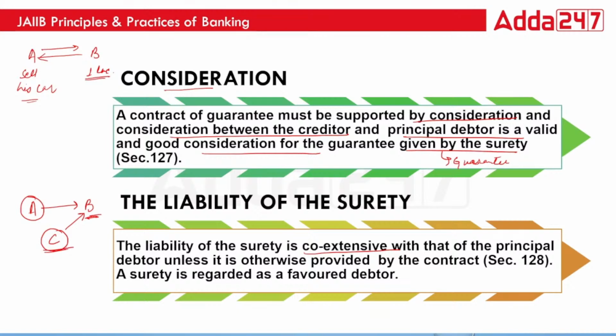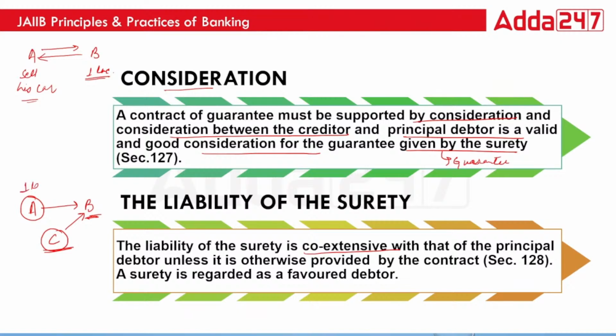C becomes the favored debtor because he is taking the guarantee of A, that if A does not make the payment, C will make the payment, and B can take the help of C and recover his dues from C. Whatever dues he had from A can be given by C now, and that is why the responsibility is coexistent.